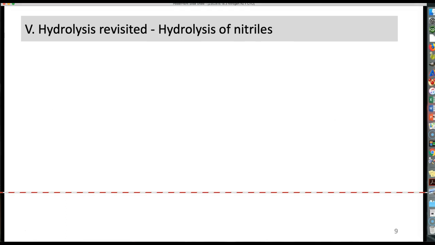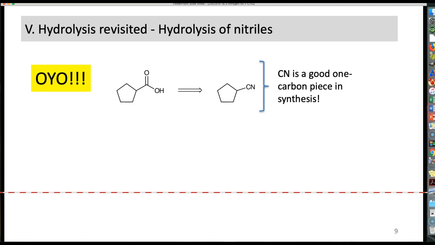All right, one more hydrolysis, and that is the hydrolysis of nitriles. That is basically on your own, but keep in mind that nitriles are really a great friend when it comes to synthesis. You're looking at a starting material and a target that has one more carbon. Hey, CN- is a great nucleophile to add.